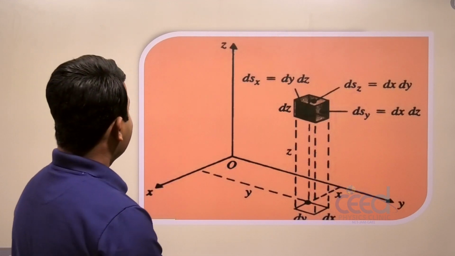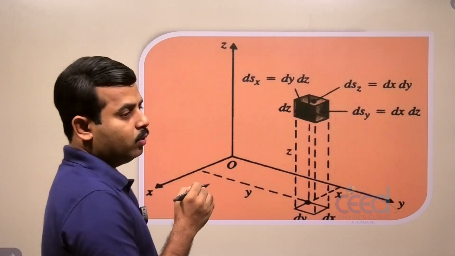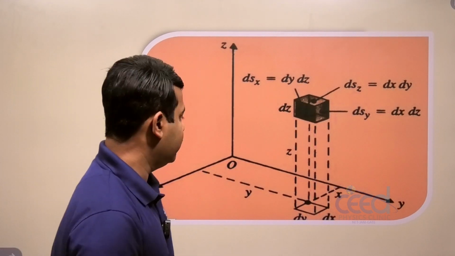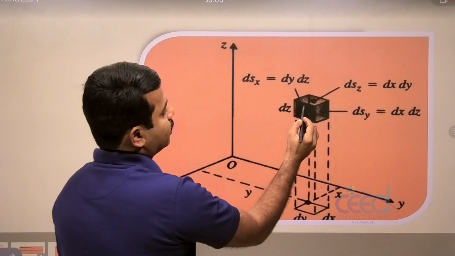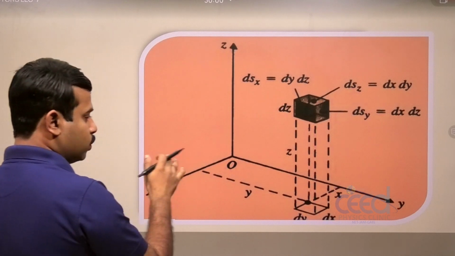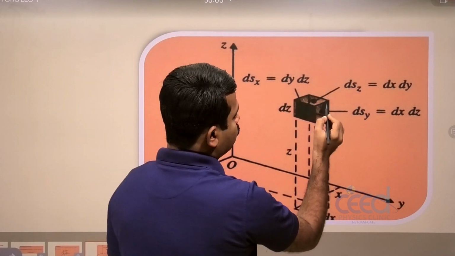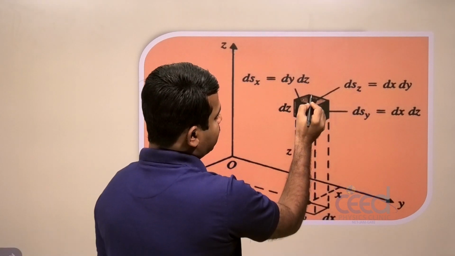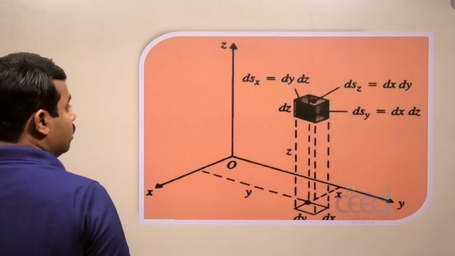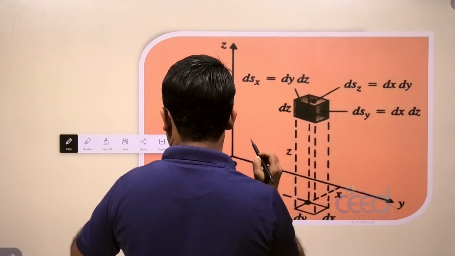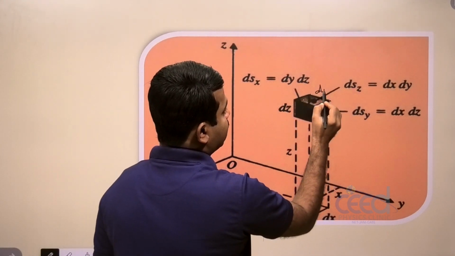See, volume is length into breadth into height. So you consider a three-dimensional figure, and we consider a small volume like this. If you consider this as the y-axis, then this length is dy.